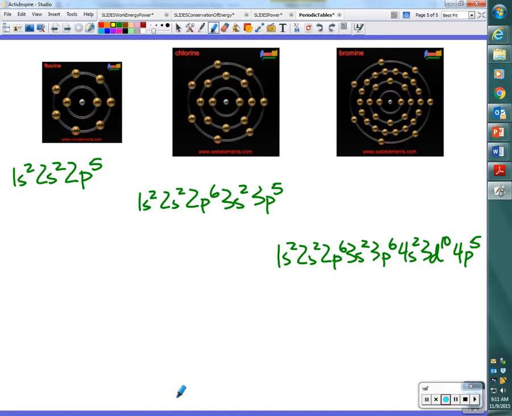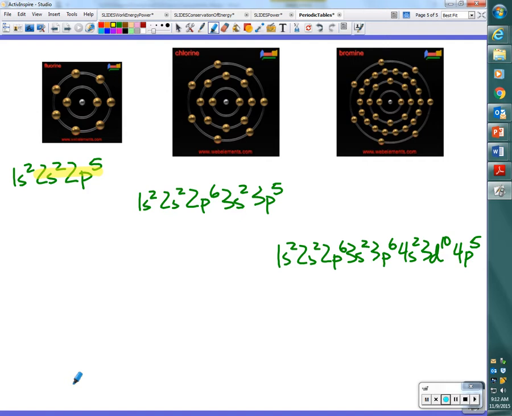For fluorine, what is the highest principal energy level? 2. How many electrons are in the second energy level? There are 7. Even though this is an s orbital and these are p orbitals, they are all part of the second energy level.